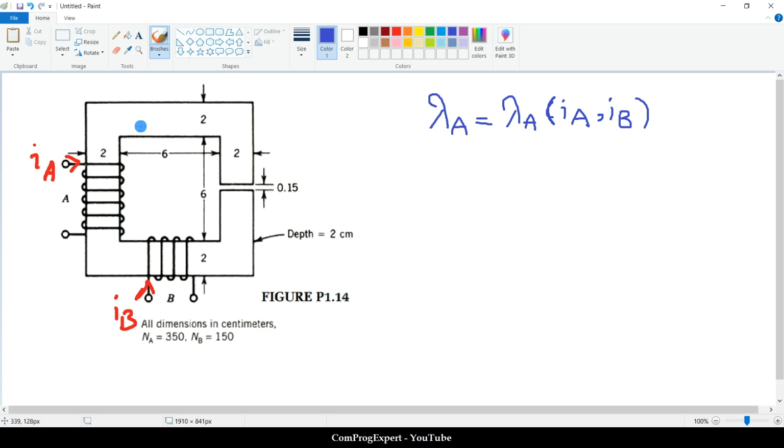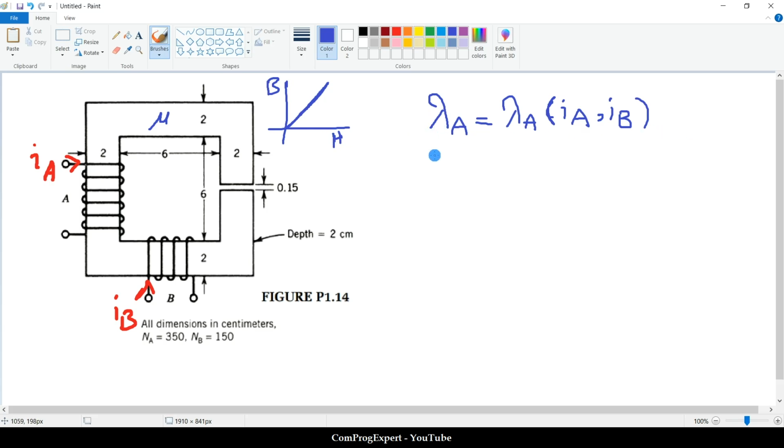We can consider any material here, a material with a constant magnetic permeability or a nonlinear magnetic permeability. So for the first case, let's consider a simple version. I am going to consider a linear BH curve. This is H, this is B. So this is one equation that we have.